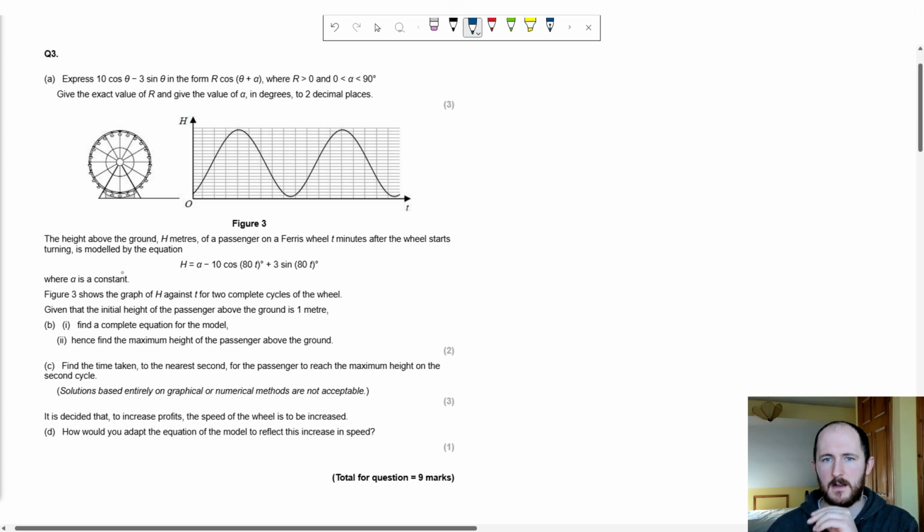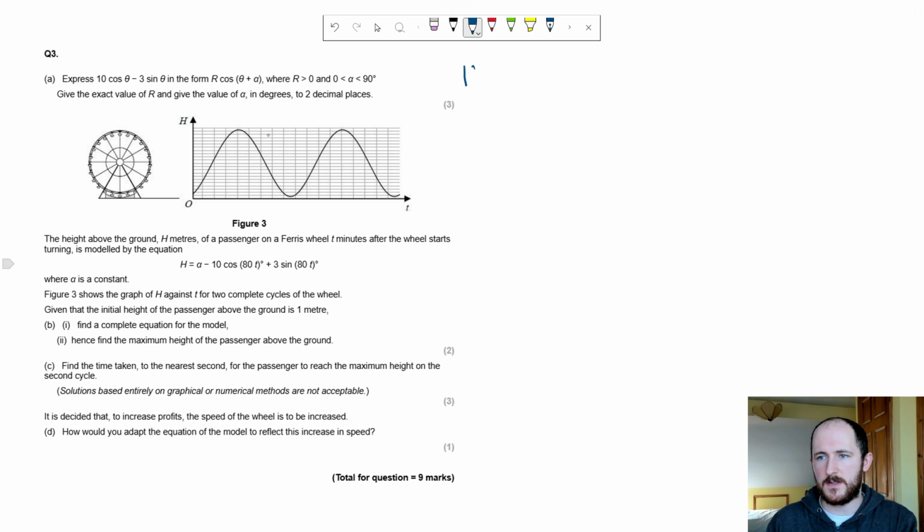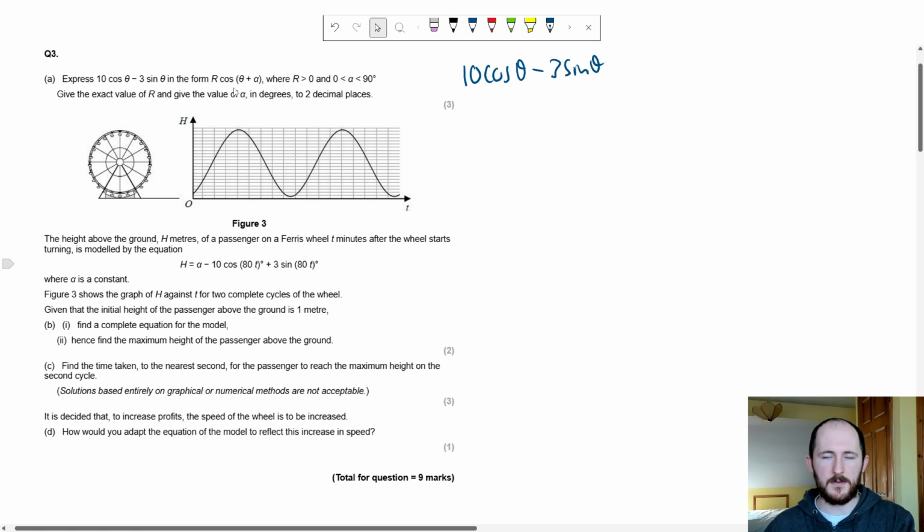So, let's start off with 3 part A. Now, doing something like this, there's a few things you can do. You can either just use the equations, but the way that I prefer to do it, in an exam anyway, is to write out using the addition rule what the answer is.